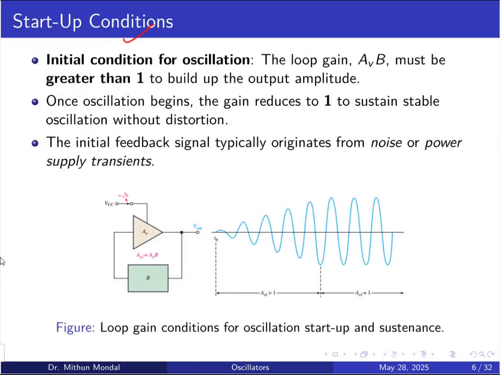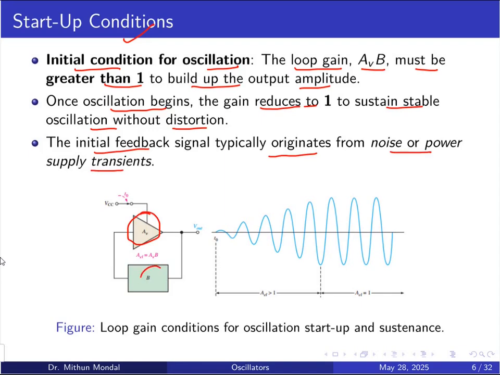For the startup conditions, which are the initial conditions for oscillation, the loop gain, which is Aβ, must be greater than unity to build up the output amplitude. Once the oscillation begins, the gain reduces to 1 to sustain stable oscillation without any distortion. The initial feedback signal typically originates from noise or power supply transient. So here you have the amplifier and the feedback is given.